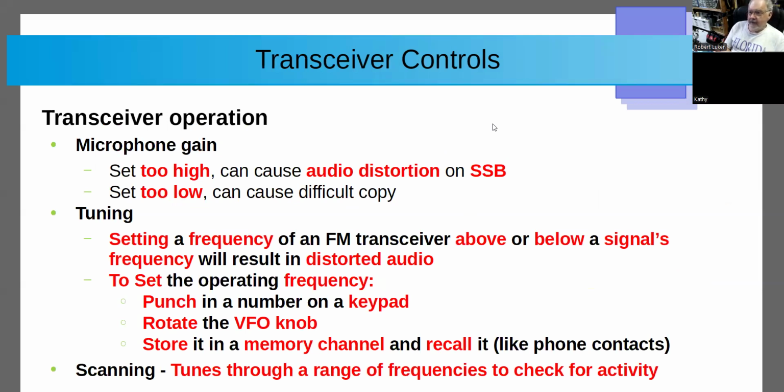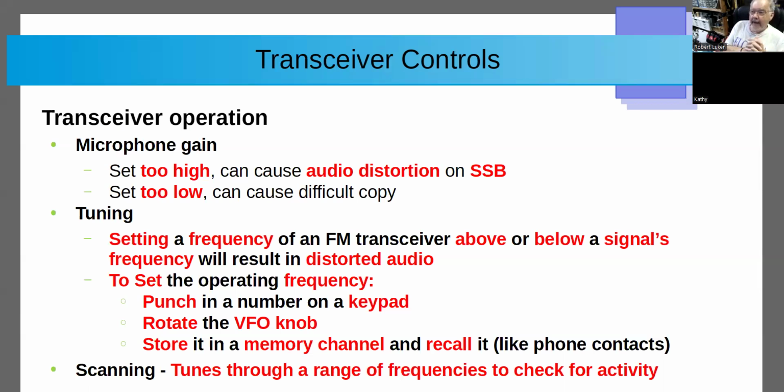When you're operating a transceiver, some of the controls that you need to adjust and work with is microphone gain. It's usually a setting in the radio, not necessarily a knob, where it probably was on an older radio.